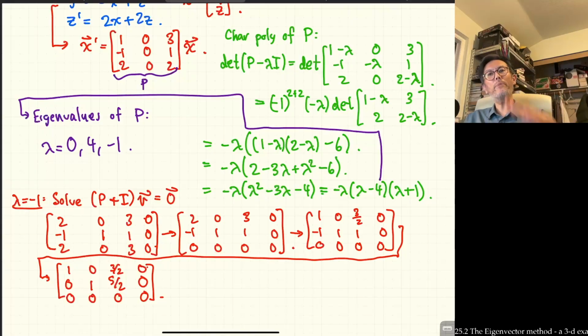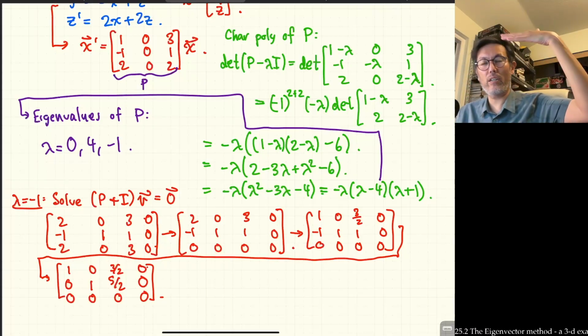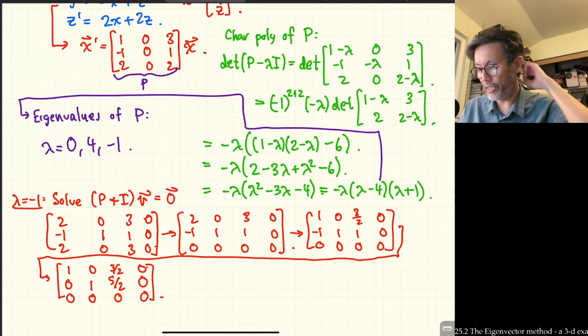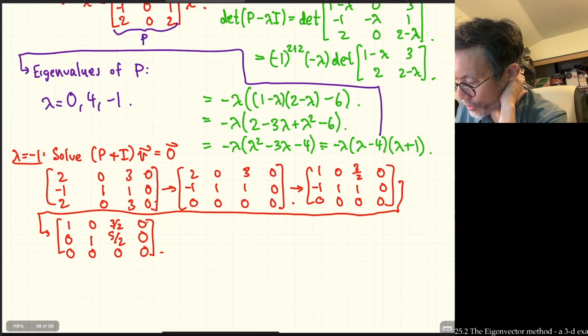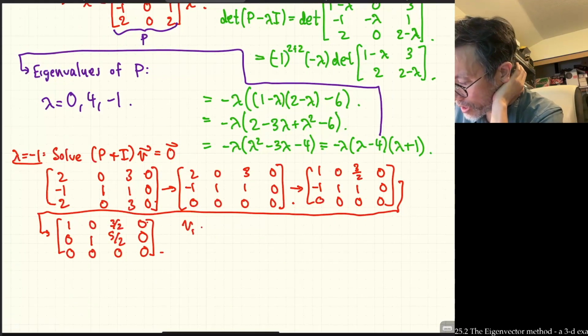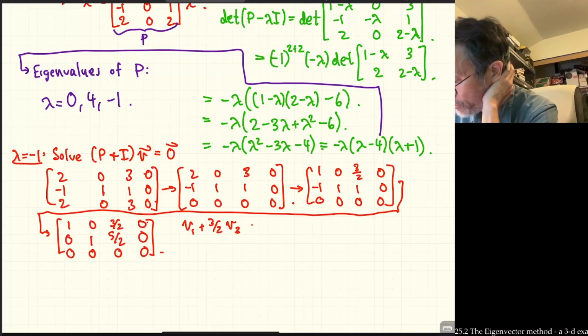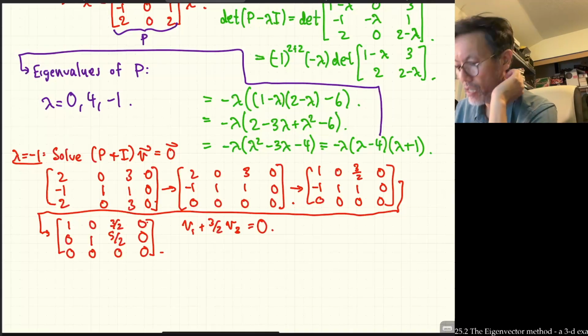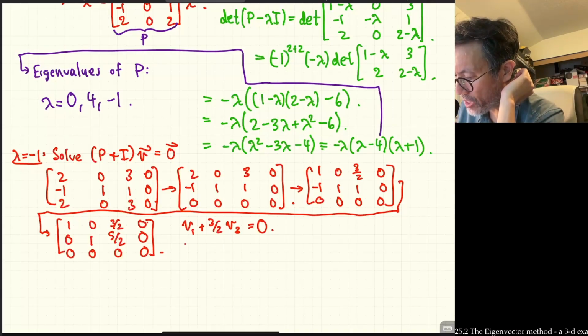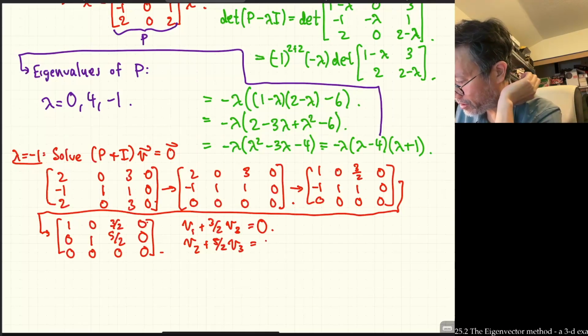Now I'm going to interpret this. If I think of my proposed eigenvector as having entries v1, v2, and v3, then this first equation tells me that v1 plus 3 halves v3 is equal to 0. And this second equation is telling me that v2 plus 5 halves v3 is equal to 0.